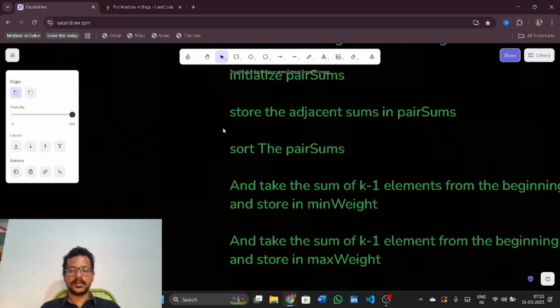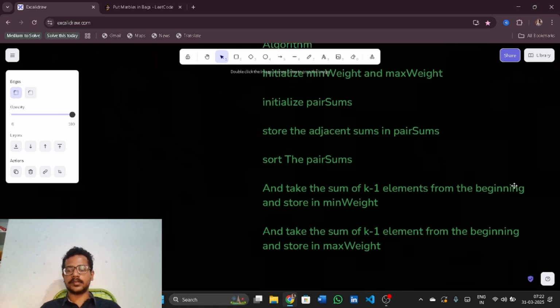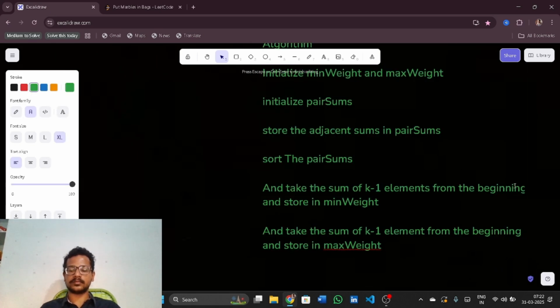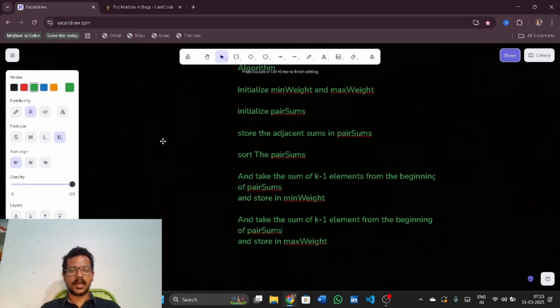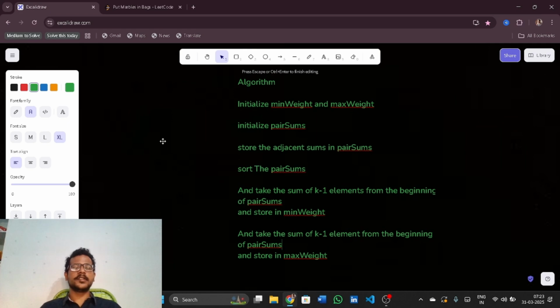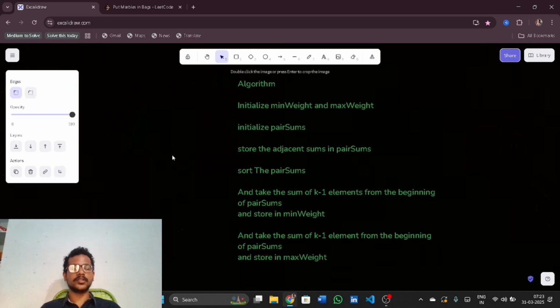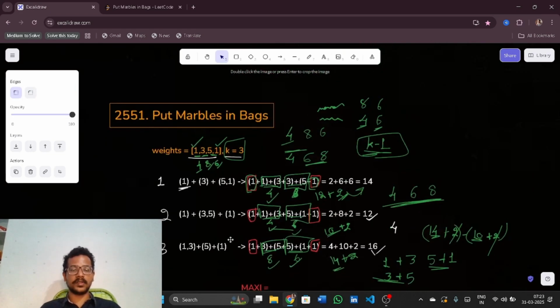Remember, we are taking this from our pair sums. So this is the algorithm, and I think this is the most simple part, but the intuition is how we can do this math of taking the adjacent elements.